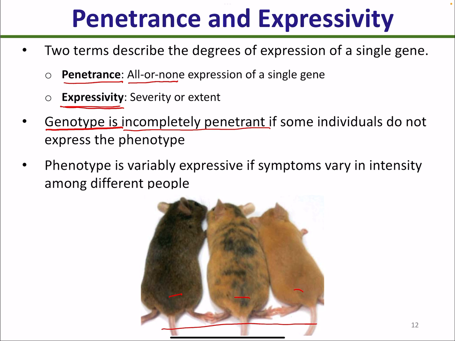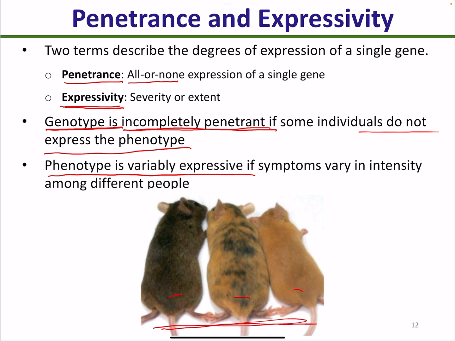So we talk about incomplete penetrance when some individuals do not express the phenotype. So the phenotype is going to be expressed with a certain variation in a population based on intensity of gene expression.